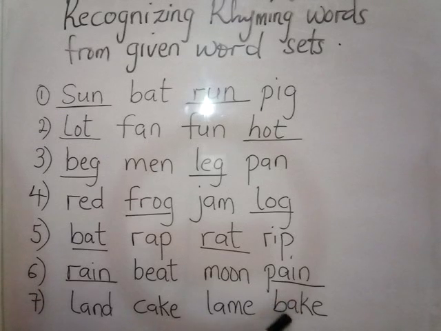This should be B-A-K, bak, but when you add E, it becomes bake. It now makes the vowel before it have the sound of its name. Cake, with the letter E. So it's an interesting one. We're going to study that later, when we look at 4-letter words and the way this silent letter E functions in words. We'll come to that. So the last set here we have land, cake, lame, and bake.